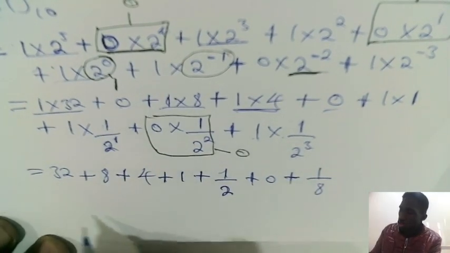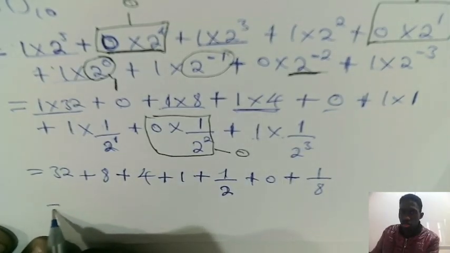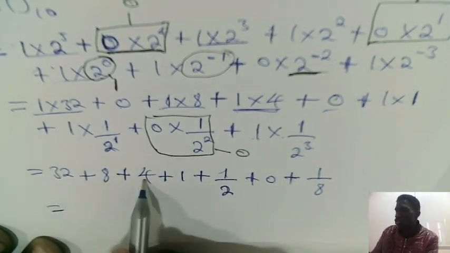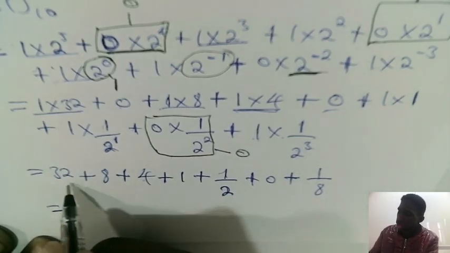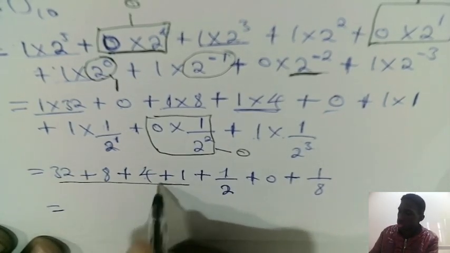So we want to simplify this. We're going to add all the numbers together and add all the fractions together.